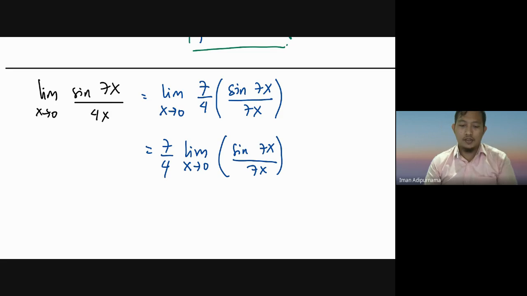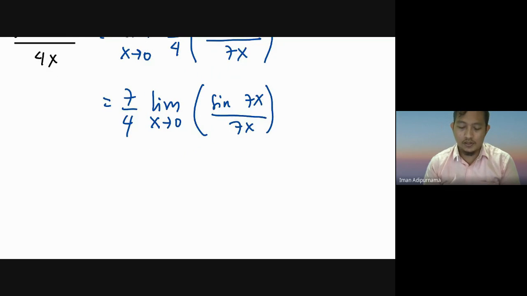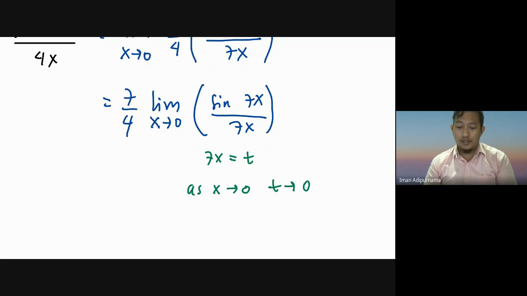If you're still confused about the 7x, we can make the 7x as t. So as x goes to 0, t also goes to 0, right?